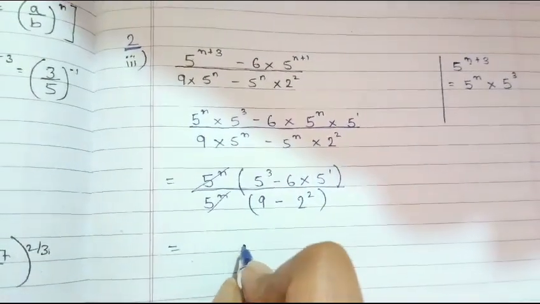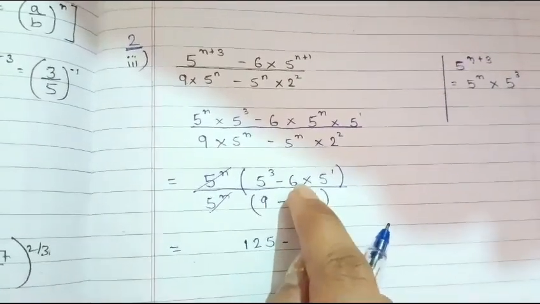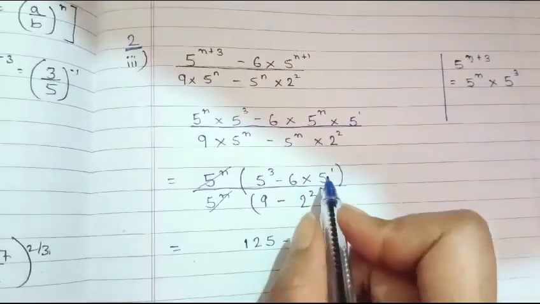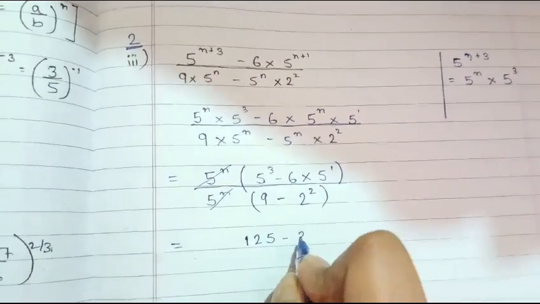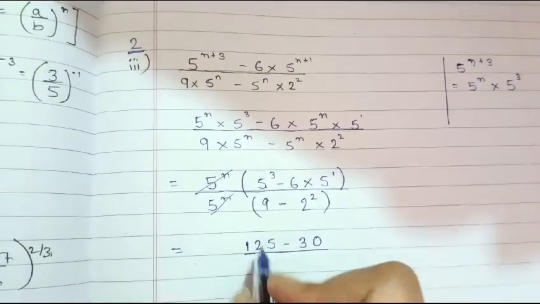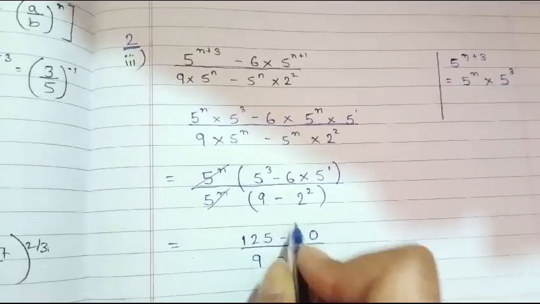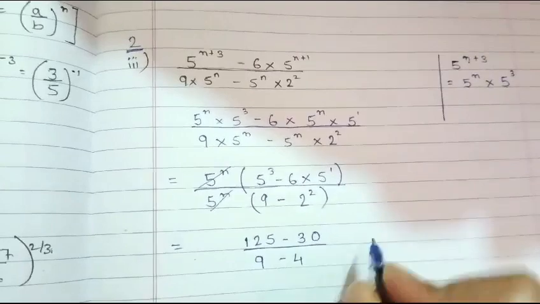5 cube is 125 minus 6 into 5, that is 30, upon 9 minus 2 square. 2 square is 4.